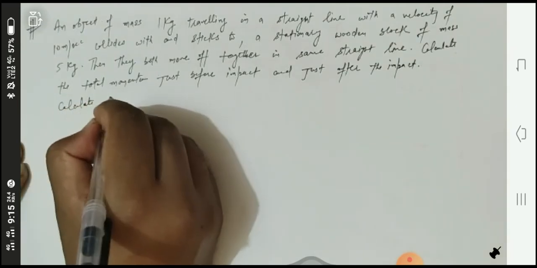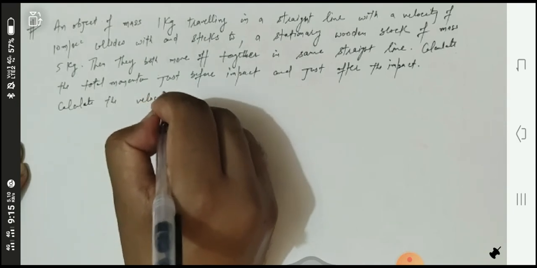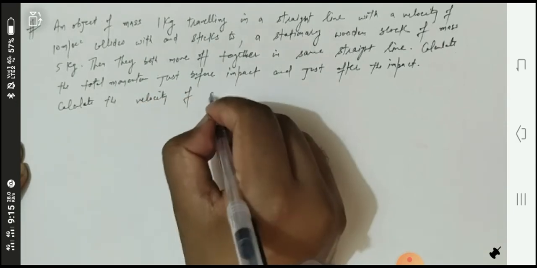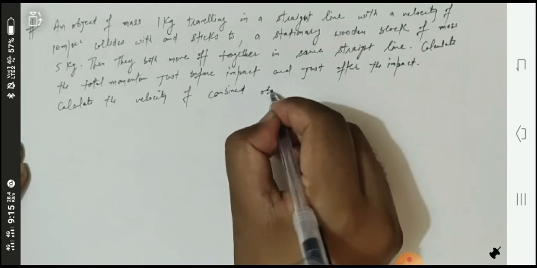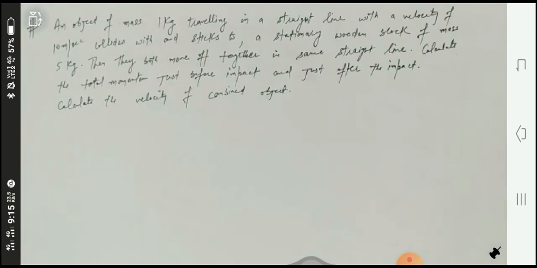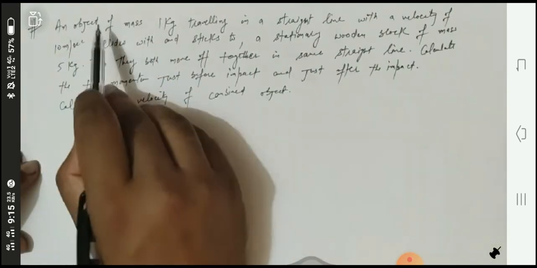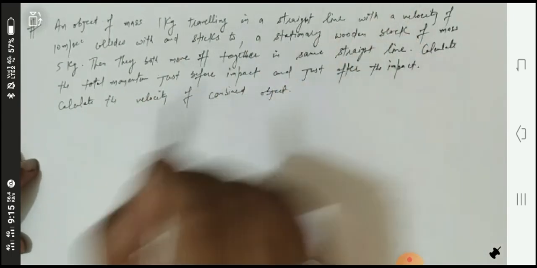Calculate the velocity of the combined object. So according to the question, an object of mass 1 kg is traveling in a straight line.